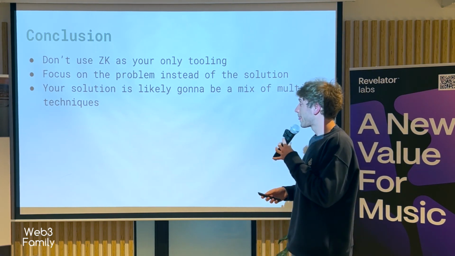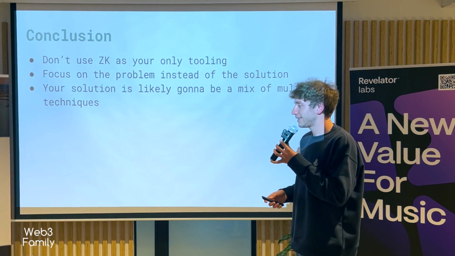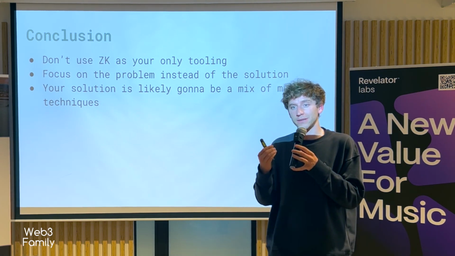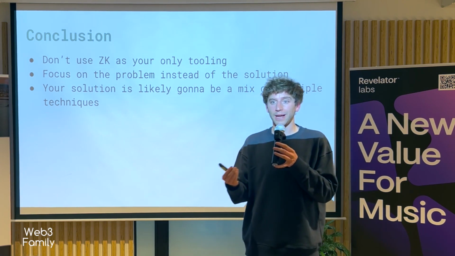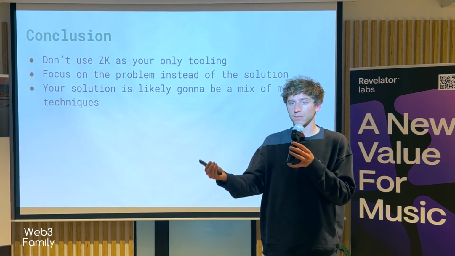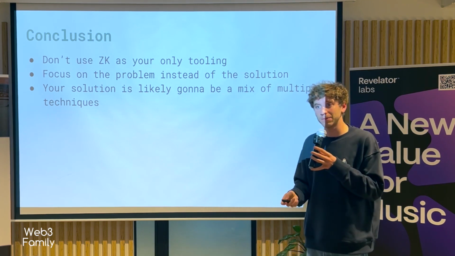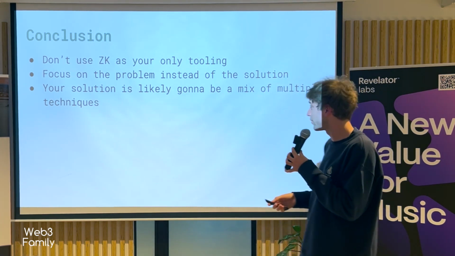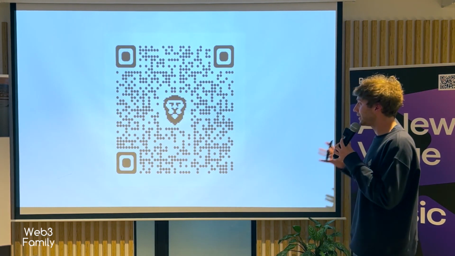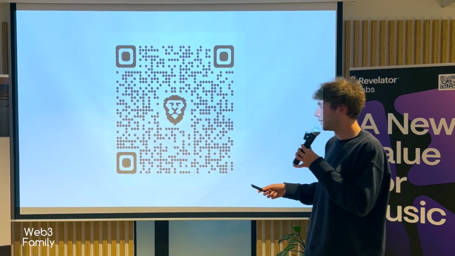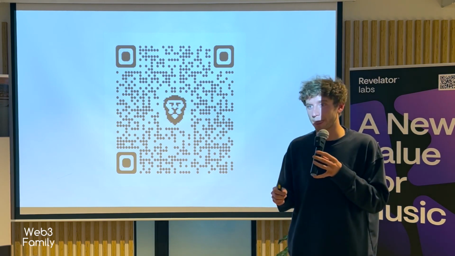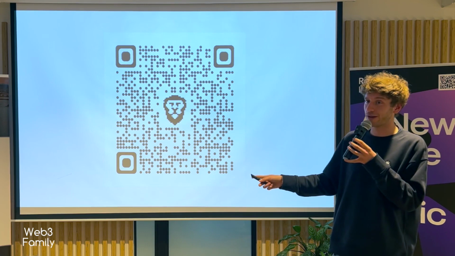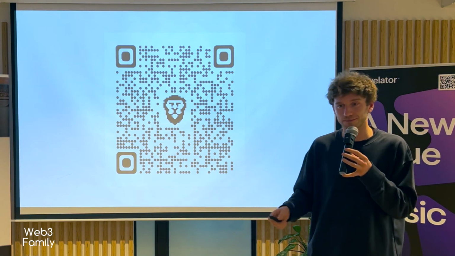And I feel that it's very difficult to abstract when a specific tool might be useful unless you're given a problem. So only in that context does it make sense to define which technology might be more useful. So my presentation is over, and I leave you with this QR code that leads to my blog post, in which I will share an article related to the presentation very soon. Thank you.